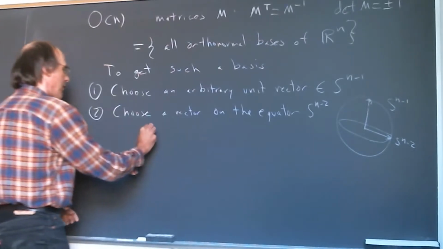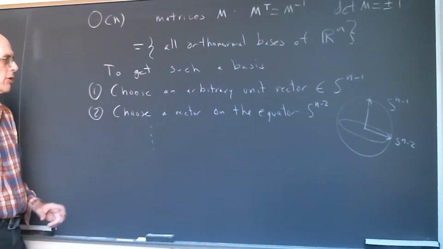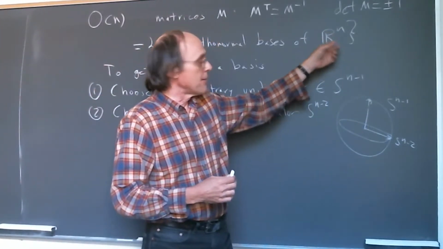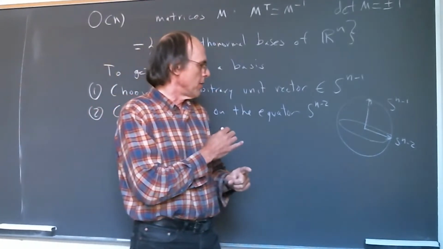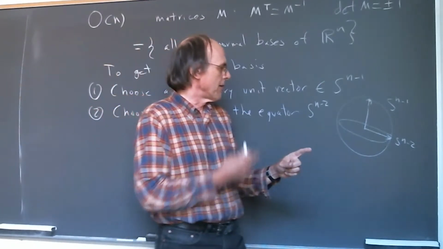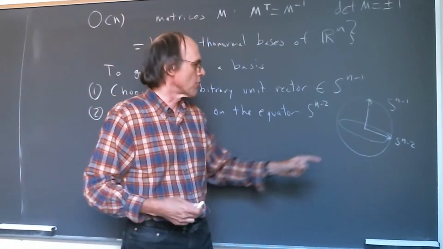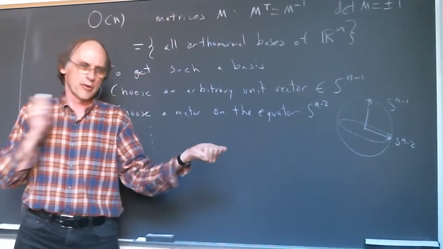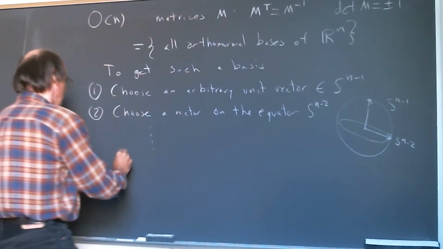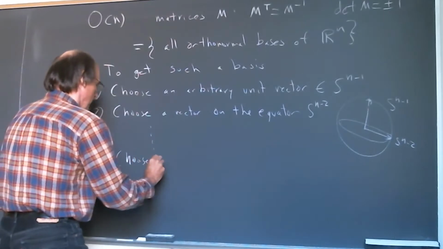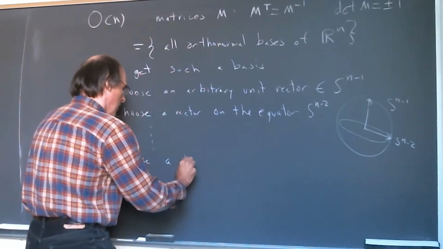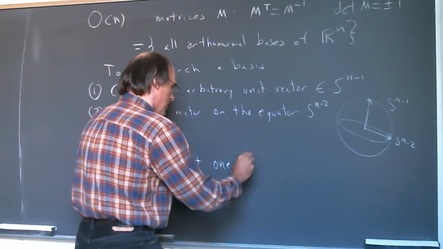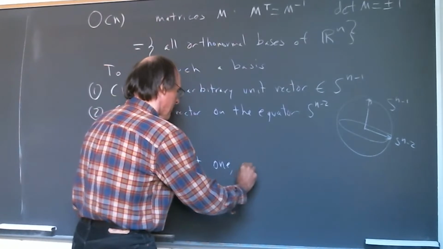And then you keep going until your last choice. Once you've got n-1 vectors, you're forced in which direction to go in the last choice. It's in some sense the 0-sphere, which has 2 choices, plus 1 or minus 1, one direction or the other.